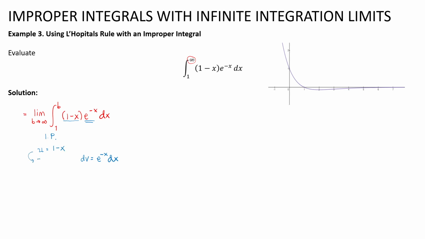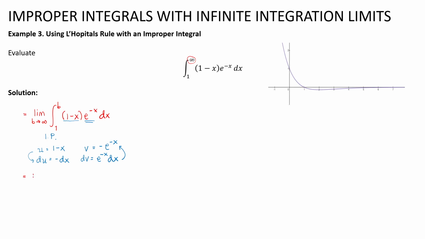So getting the derivative of u, that gives us negative dx. And then v here is equal to negative e raised to negative x for the integral of dv. Right, so by formula, we're going to apply now the formula of your integration by parts. So this gives us uv minus integral of v du.